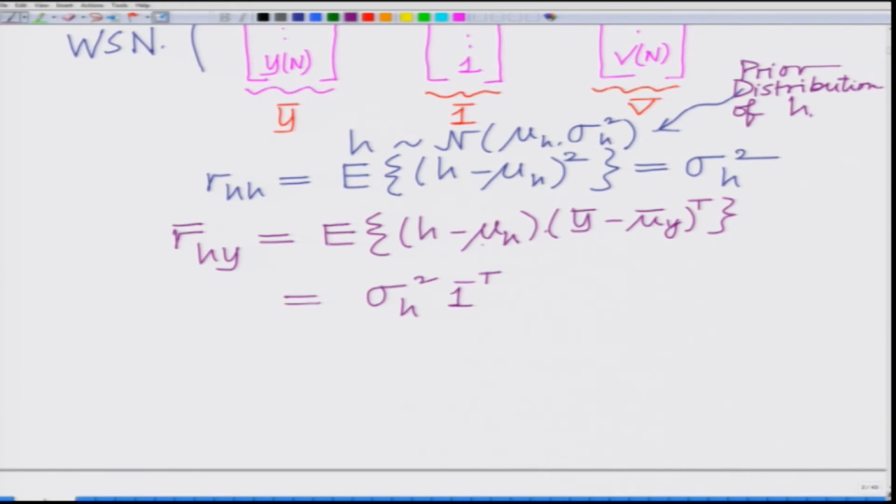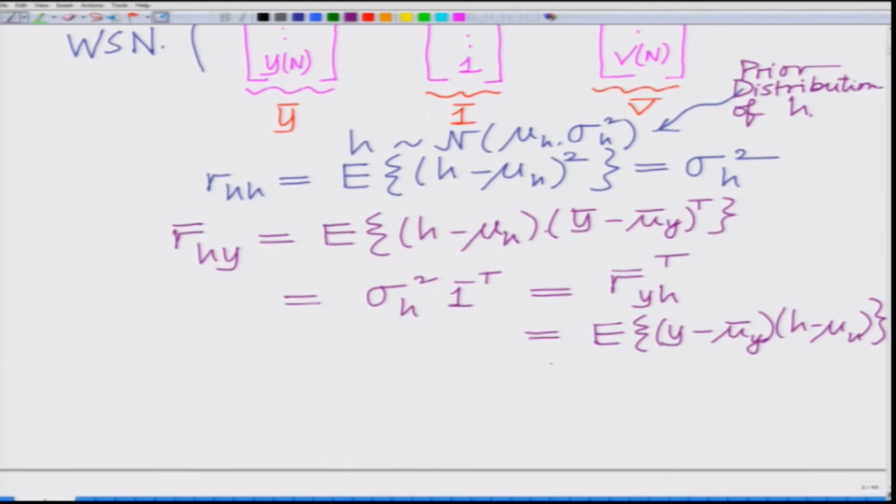This r h y, expected value of h minus mu h into y bar minus mu y bar, is sigma h square into 1 bar transpose, and you can also see this is r bar y h transpose, because r bar y h is expected value of y bar minus mu bar y into h minus mu h, okay.